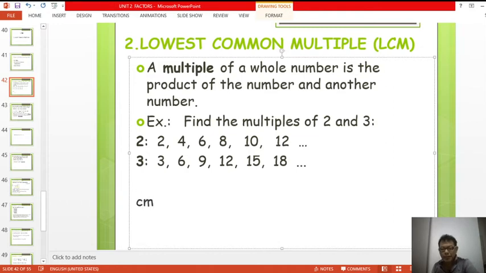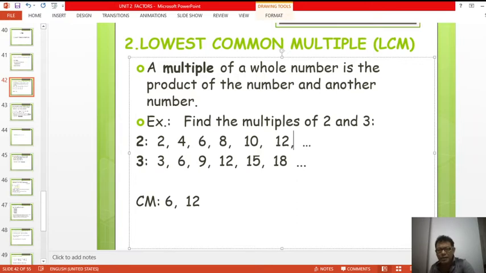CM means common multiple. And what else can we find here that is common? How about 12? Yes, 12 is a common multiple. So these are common multiples of 2 and 3: 6, 12, or perhaps if we continue, I think I can find 18 as well.